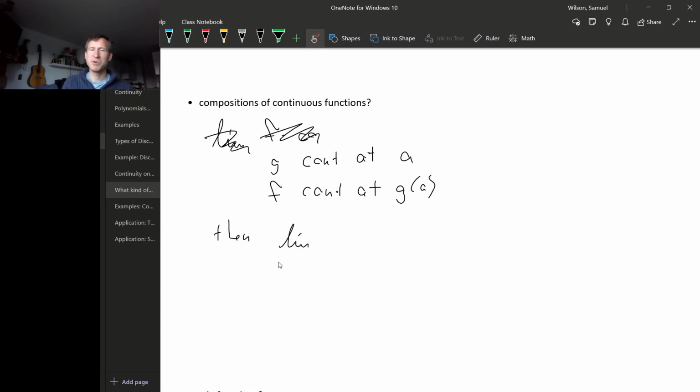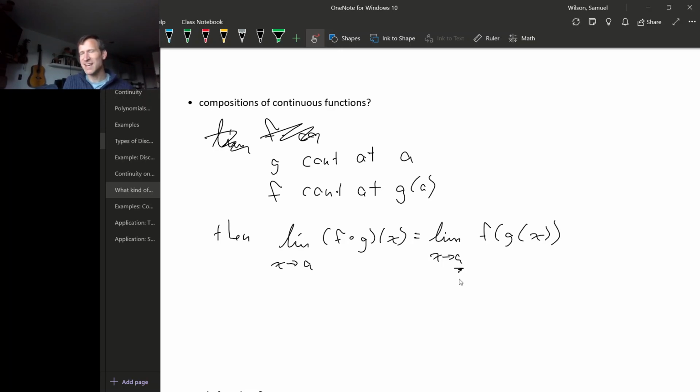then if we imagine taking the limit as x goes to a of f composed with g, so there's our symbol for composition. So f composed with g of x, that's the limit as x goes to a of f of g of x.